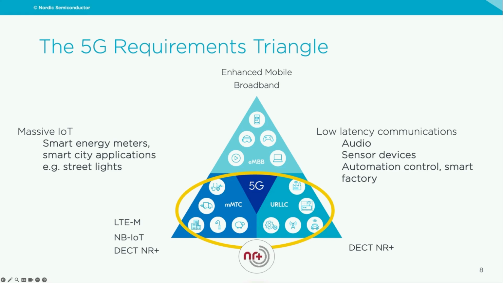So now DECT NR+ is like the non-cellular alternative here. So you don't need a subscription per every device, but you can have the subscription in the gateway out of the network, or you can have networks that are not connected to the wider internet, for example. And NR+ fulfills the requirements that were made for 5G technology on these areas of massive machine type communication and ultra-reliable low-latency communication.